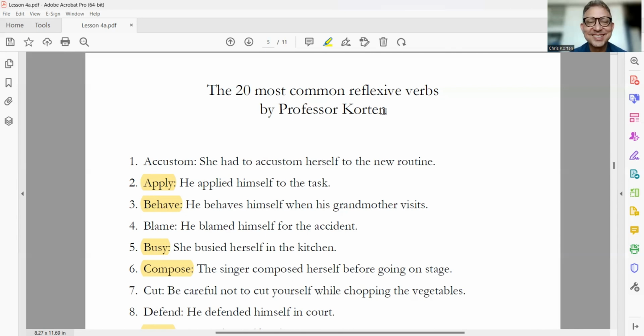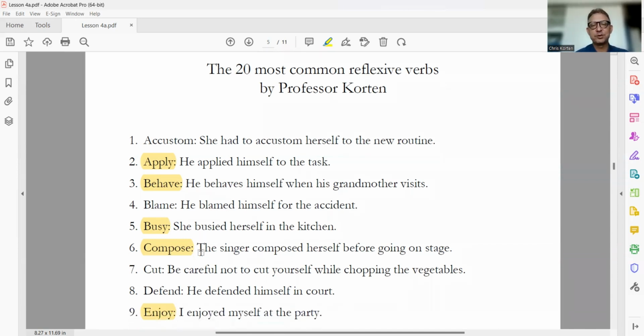Don't embarrass us. Now, he behaves himself is also similar. So if he behaves himself, or they behave themselves, or she behaves herself, that means they act accordingly. They act in a manner that's pleasing for everyone else. So this is very good. Behave yourself, young man. That's the command that your parents might often say.